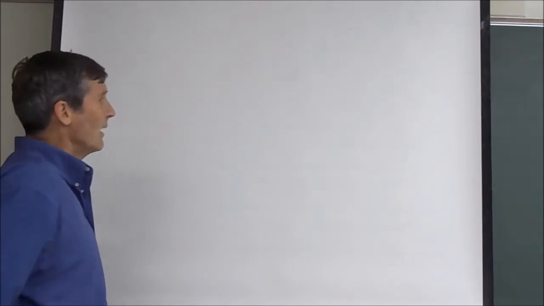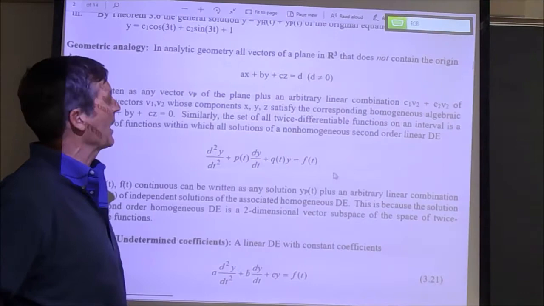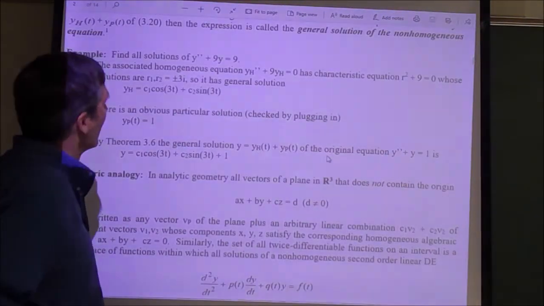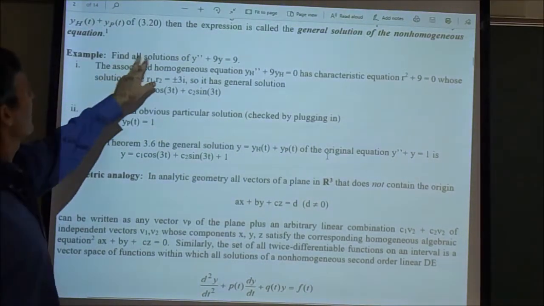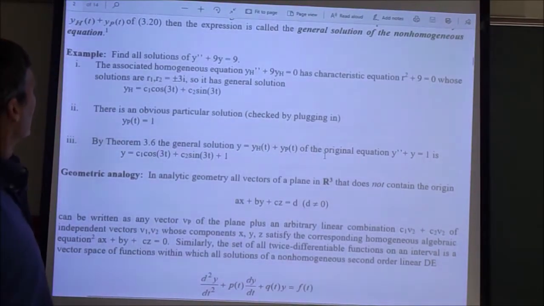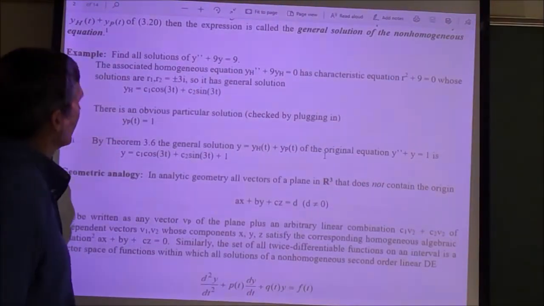All right, that greatly reduces our work, because all we have to do is find one solution to the non-homogeneous problem and apply our previous techniques to find all solutions of the non-homogeneous problem. For instance, suppose I want to find all solutions of y'' + 9y = 9.